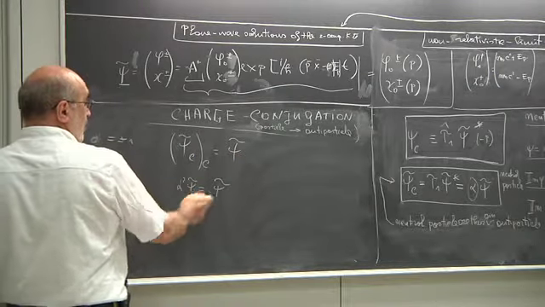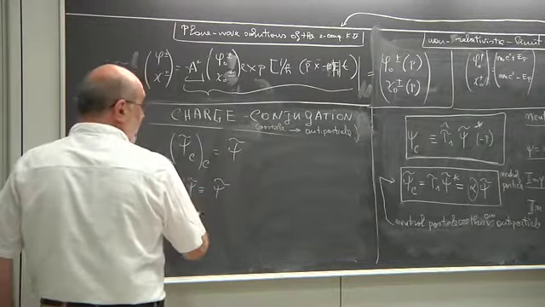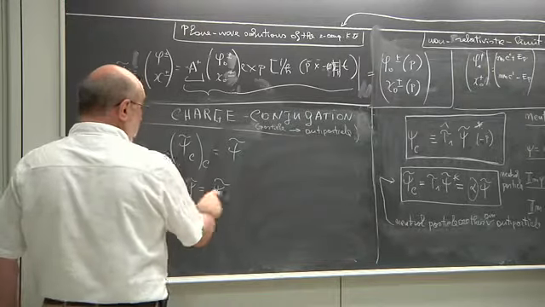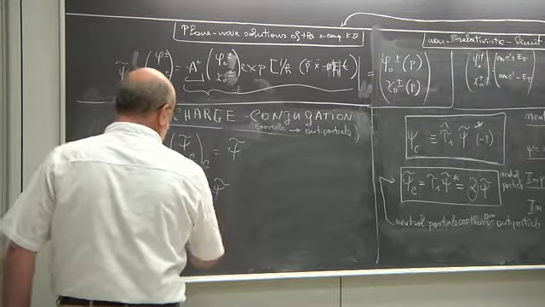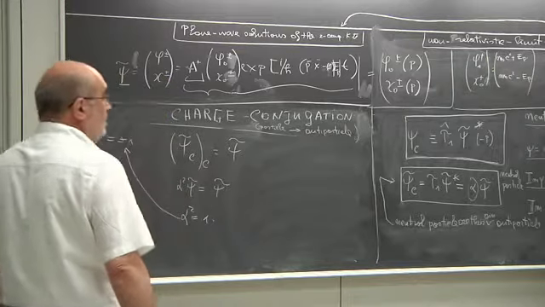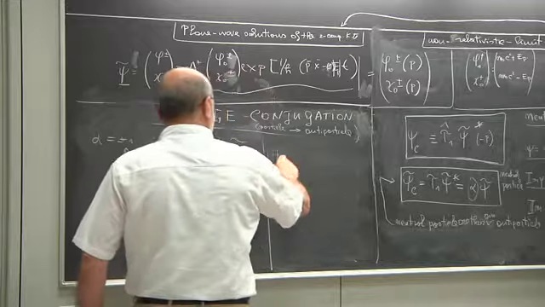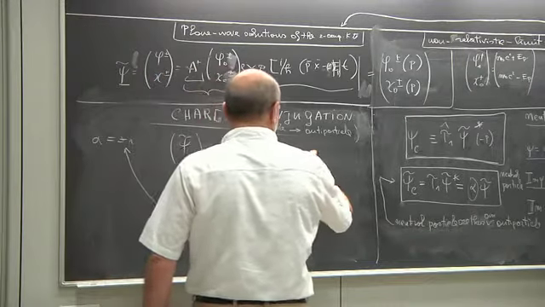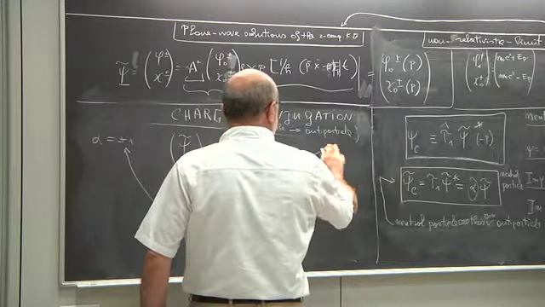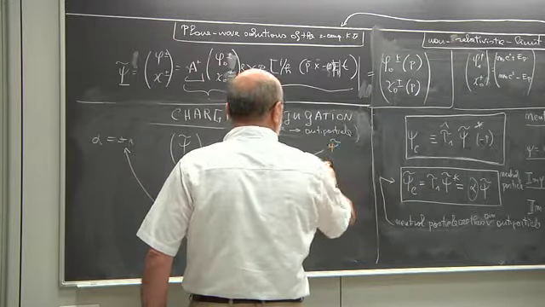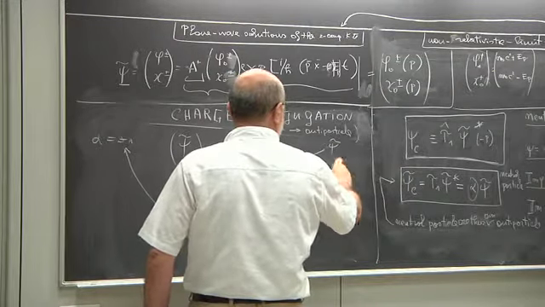Then we do it again, so we get alpha squared. But alpha is real, so it's not a phase. And from here, we get that alpha squared is equal to 1. So alpha is equal to plus or minus 1. Then, when we do the charge conjugation, we can either get plus psi tilde or minus psi tilde.